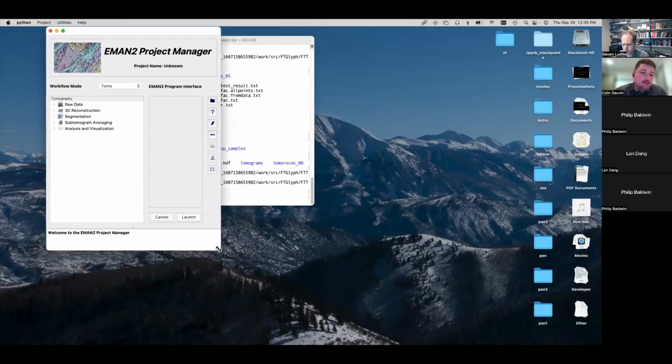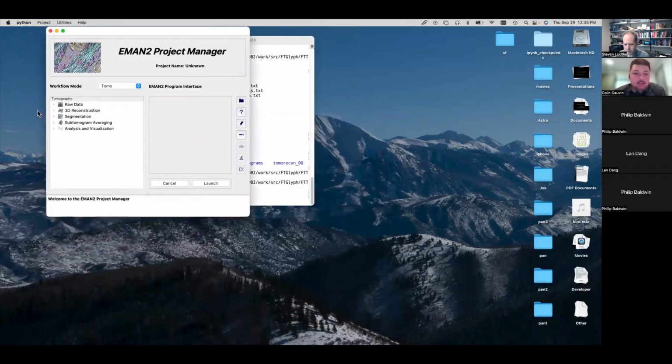So what is the defocus number? If I run the CTF estimation, I'll get a defocus number out for the tomogram that I'll see in the analysis. Is that just an average? That's the defocus in the middle.